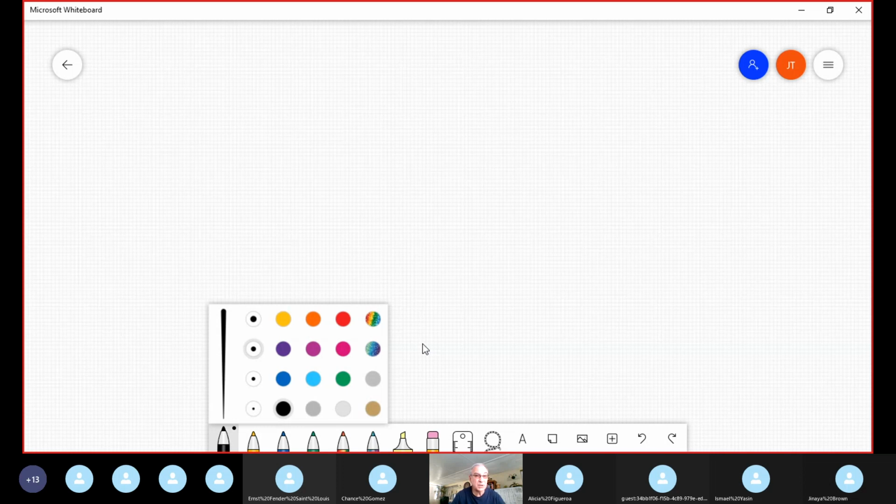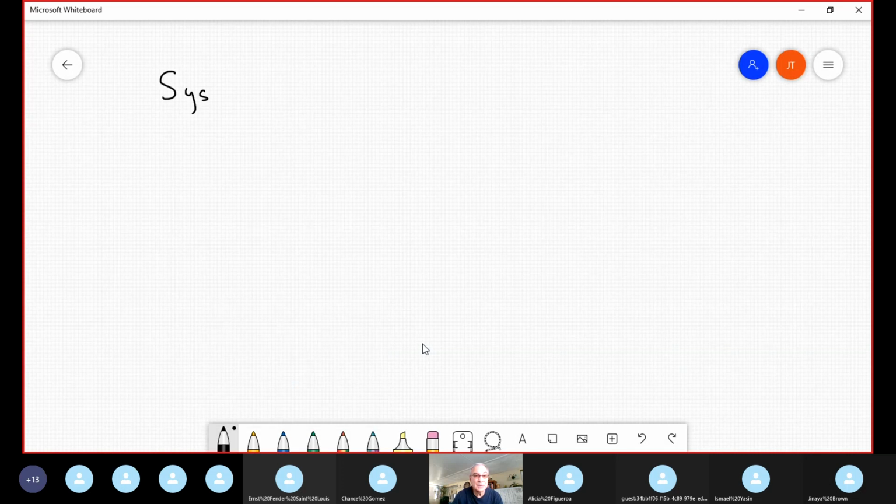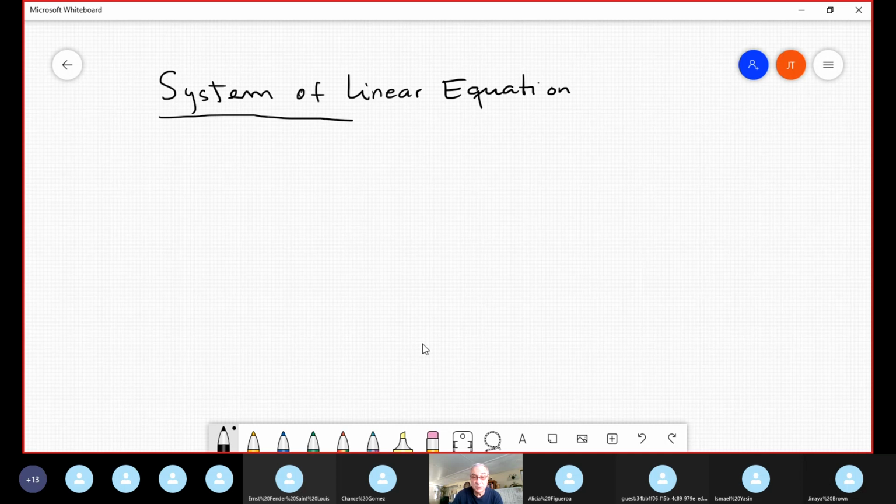Let me recall first the most important system of linear equations. I suppose you remember at least the name of the methods that we studied, que es substitution and elimination.